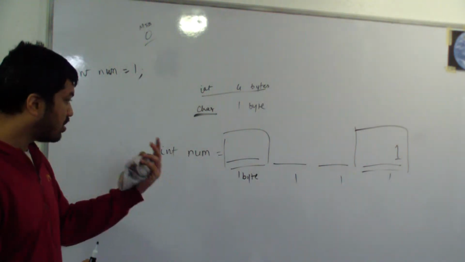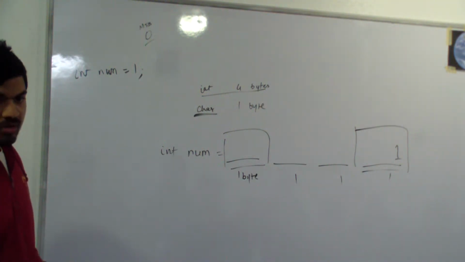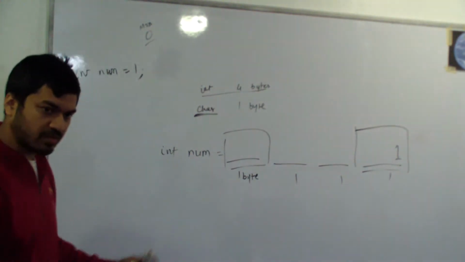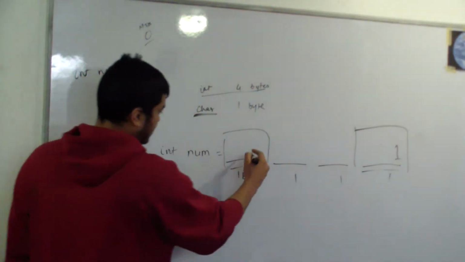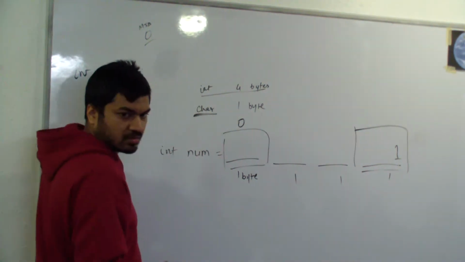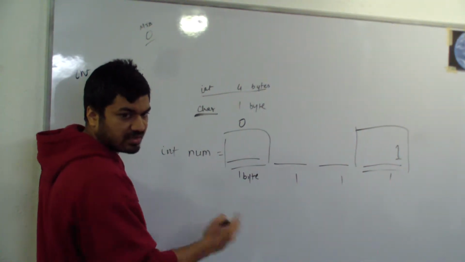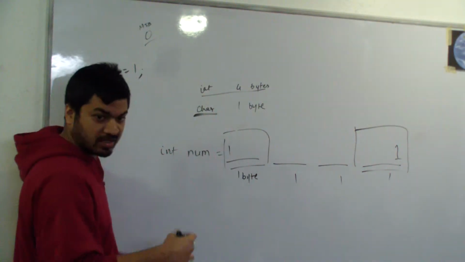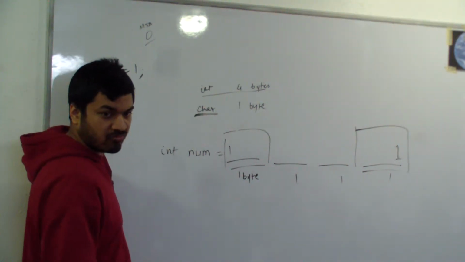If you take only the first one and it is 0, is it little endian or big endian? It's little endian. If this one was 1, then you know it is big endian.